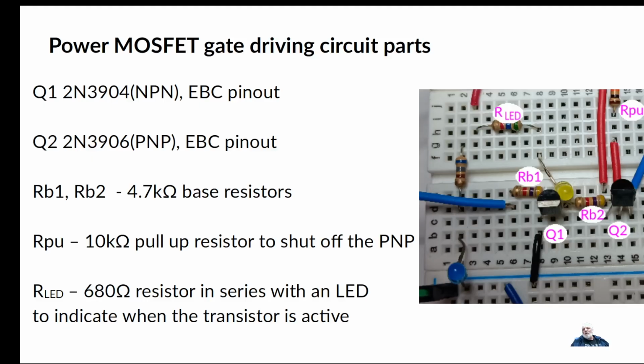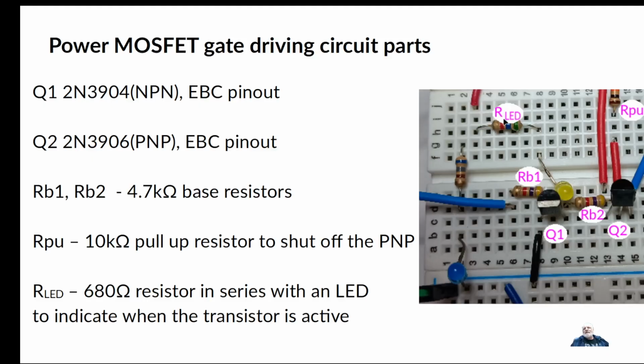But the blue wire is the one running out to the MOSFET. This blue wire down here is the 3.3 volt output pin coming from our Beaglebone. So we have 3.3 volts here, which activates this transistor, and then it activates this transistor, pulling the MOSFET high up to 24 volts.